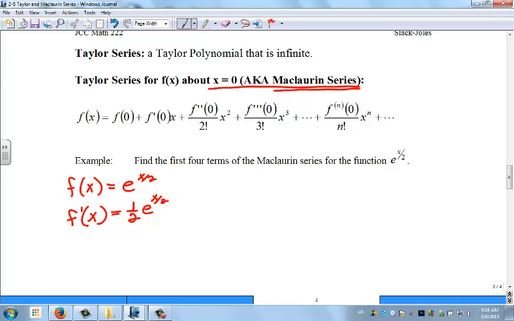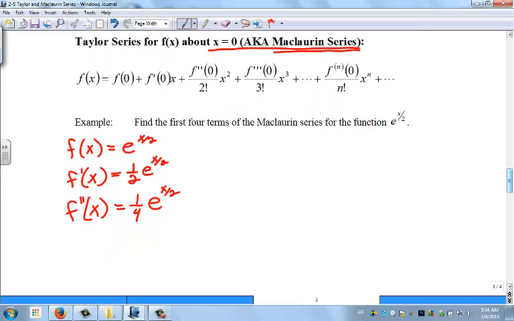So when I take the derivative of the exponent, I get 1/2, right? Then f double prime of x is equal to 1/2 times 1/2, which is 1/4, times e to the x over 2. And then finally, let's take one more to be sure that we have enough terms to generate a pattern. F triple prime of x is equal to 1/2 times 1/4, which is 1/8, times e to the x over 2. Now you can even see a pattern in your derivatives here.